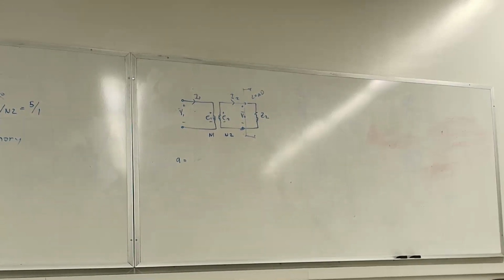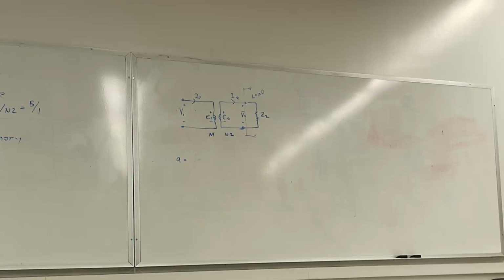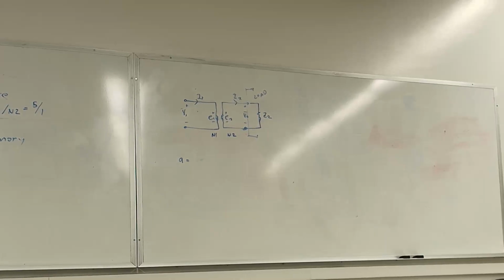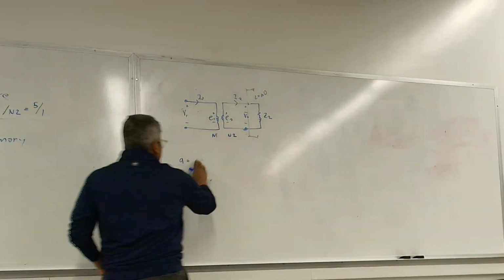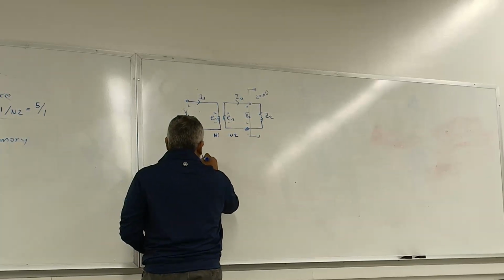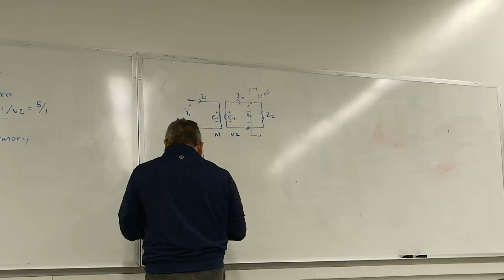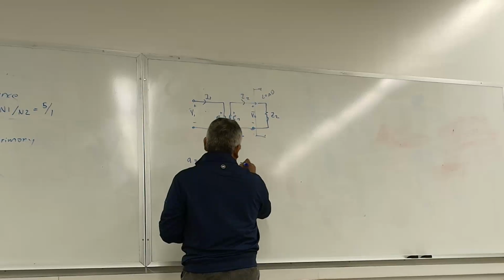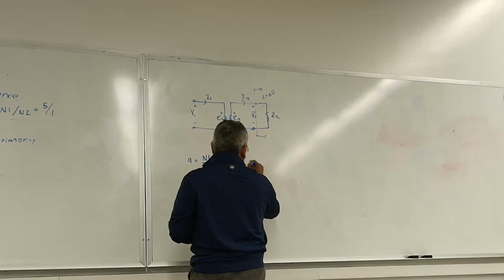You can say 10 on one side, and then if it's 10 on one side, to use the same turns ratio, I want to have 2 on the secondary. So for every 10, if it's a 5 to 1, I have 2, or 15, 3, and so on. But now, the turns ratio A is equal to N1 over N2, which in our case is equal to 5 divided by 1, or A is equal to 5. So that we know.